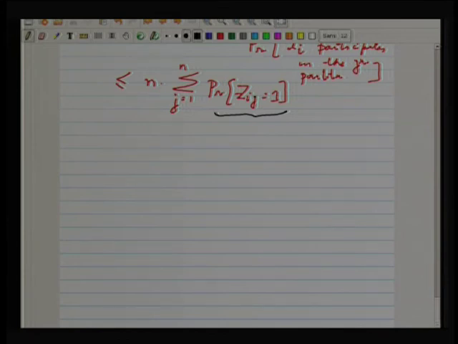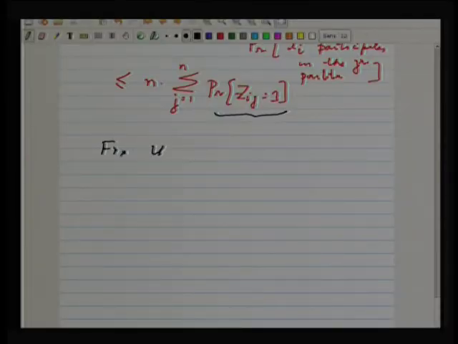We can only use the fact that these permutations are random, and not just random, they are picked uniformly at random, and there is a certain symmetry property of these permutations.